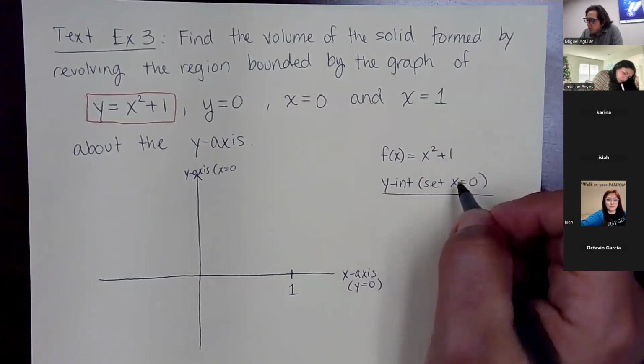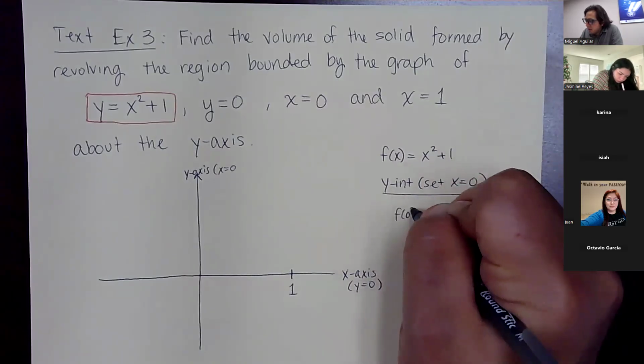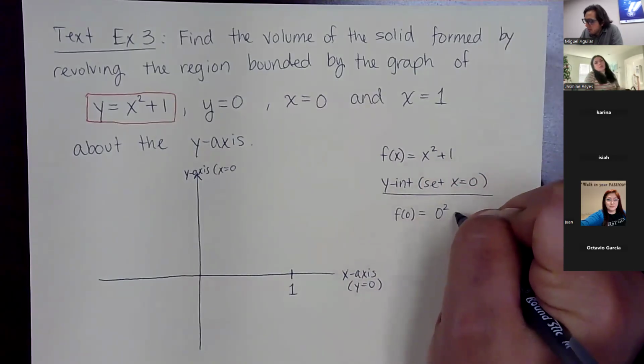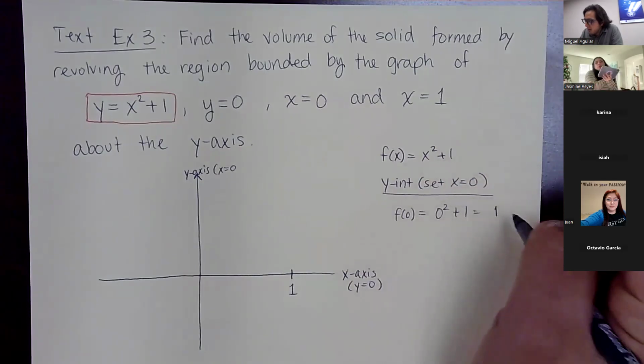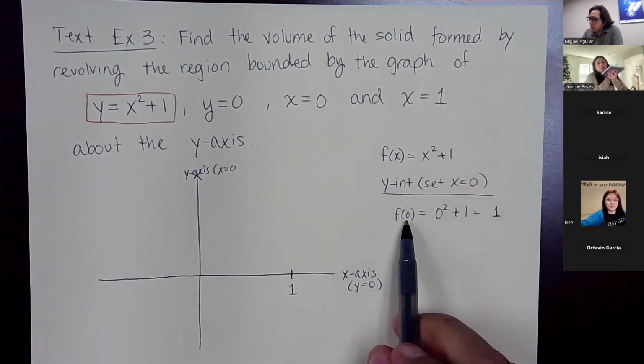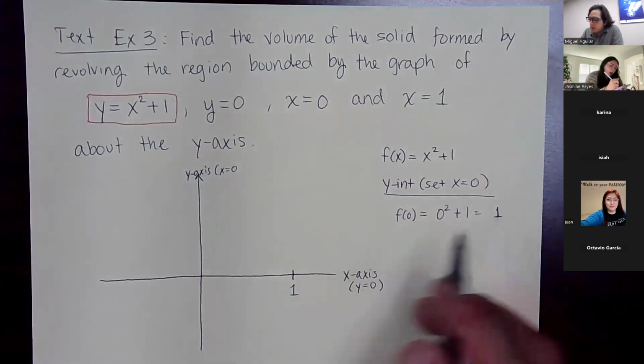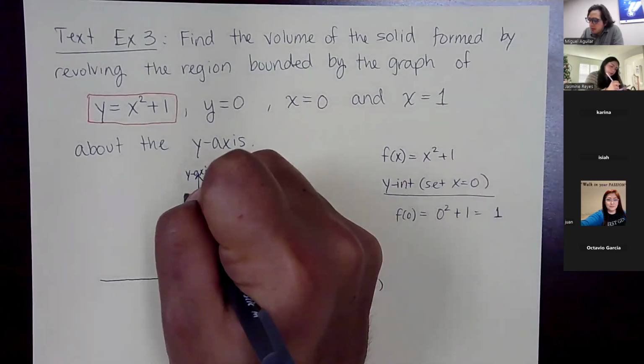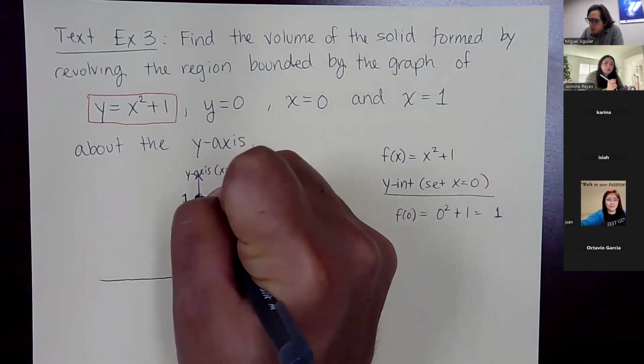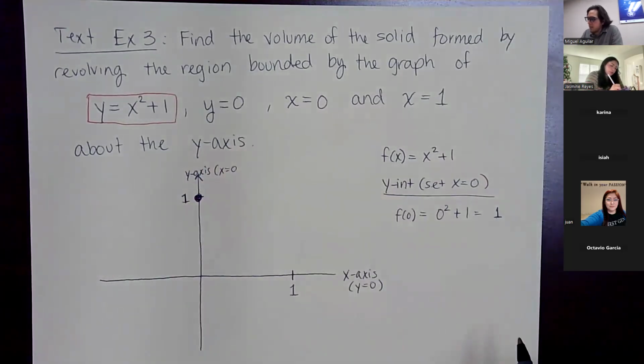And that is just going to be f of 0 is equal to 0 squared plus 1, which is just 1, right? So that means that our x value is 0, our y value is 0. I'm sorry, 1. So we're going to be up here, and that will be our first point of interest.